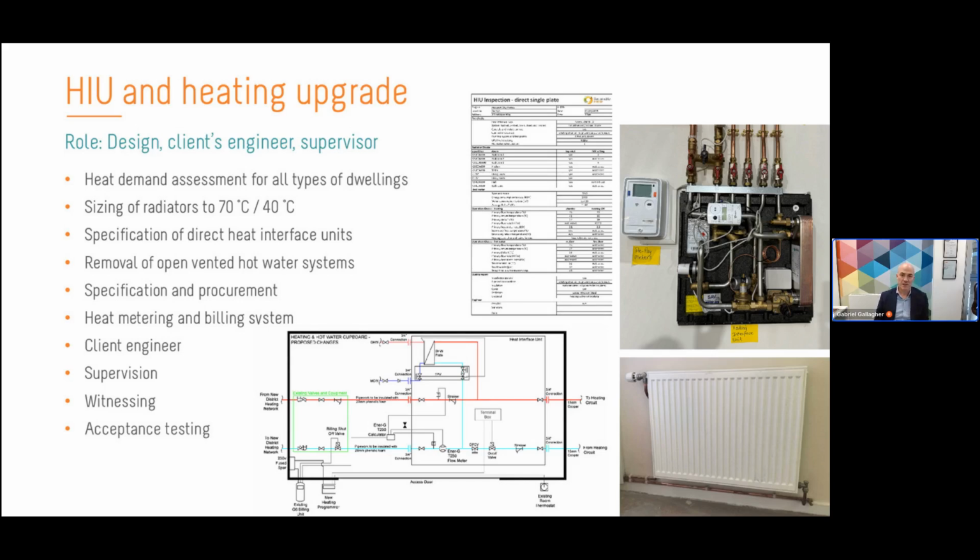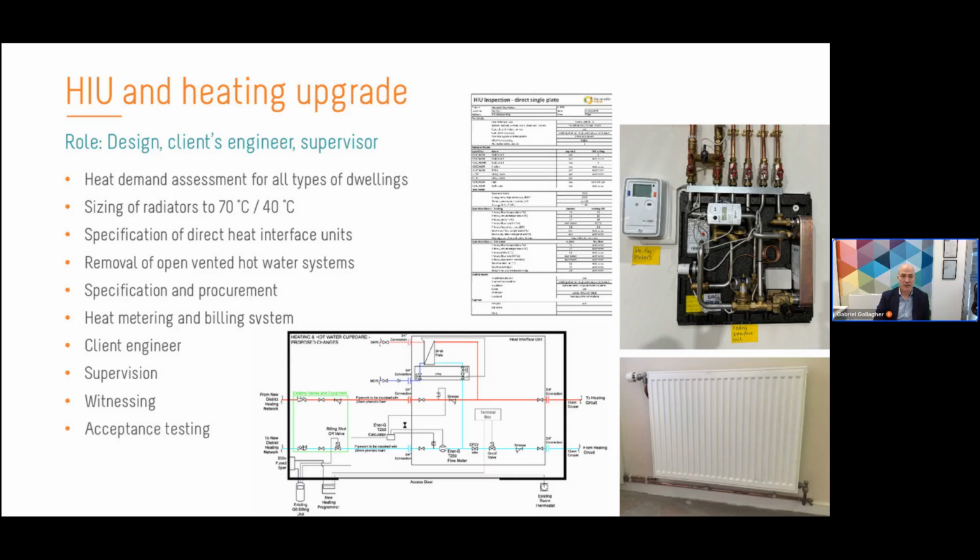The principle was to drop temperatures based on the sizes of the properties and the constraints at the time, moving to a 70-40 design on radiator heat, removing all of the open vented hot water systems, and installing direct heat interface units. The process ran over a few years, moving through the properties, keeping all the existing properties on the network operating, whilst going block by block, refurbishing different dwellings as it goes.